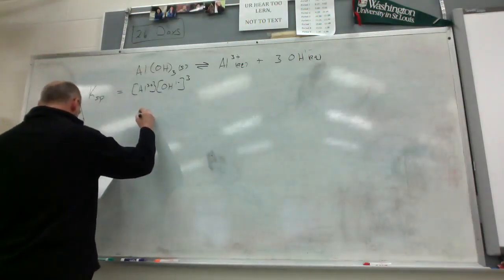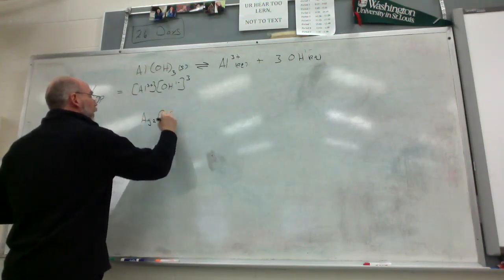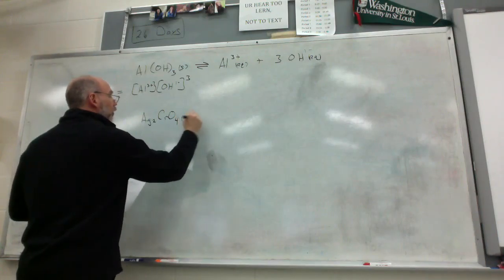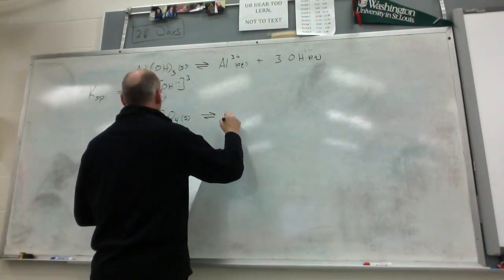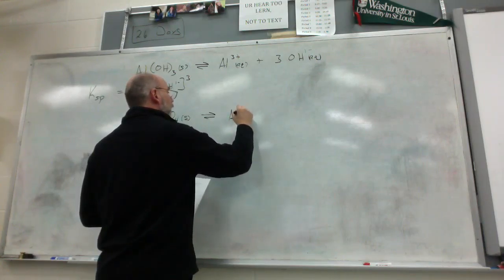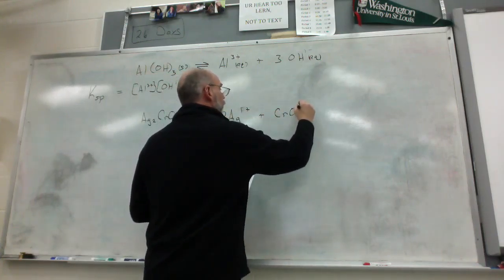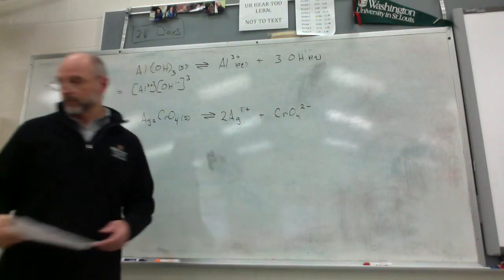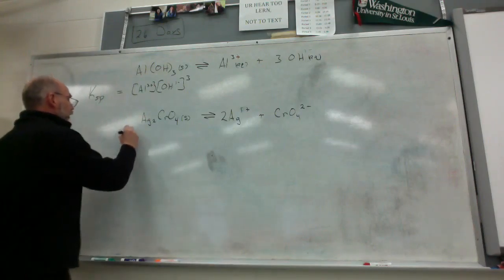Well, remember that silver chromate, when it dissolves, since it's a relatively insoluble salt, is going to be an equilibrium scenario. So we're going to get this. Now, we can look at this as an ice table if we want.